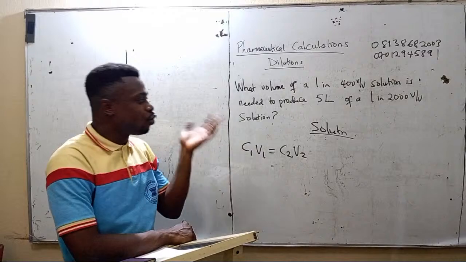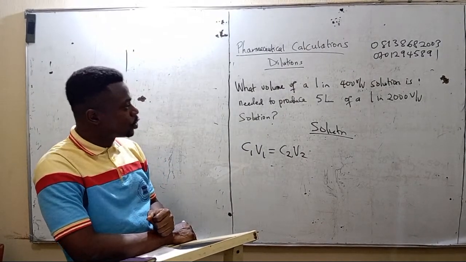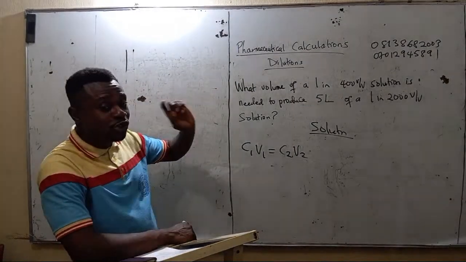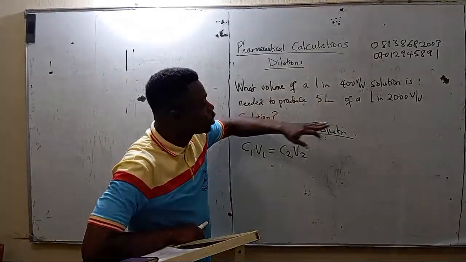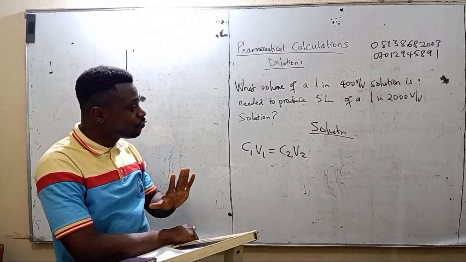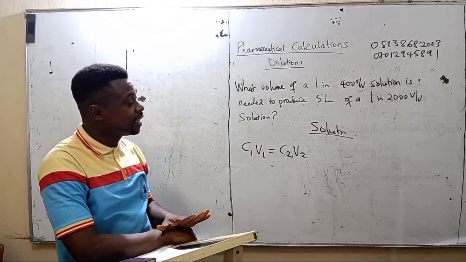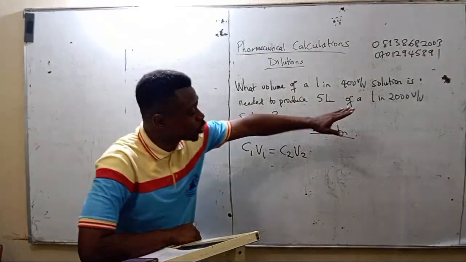Example, in the case of water and alcohol. So to solve this, we need to move this ratio strength to percentage strength. To make it easier, let's move this to percentage strength. I'll move this one to percentage strength too.